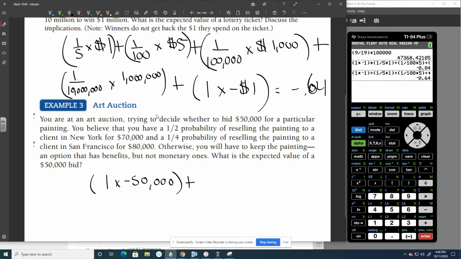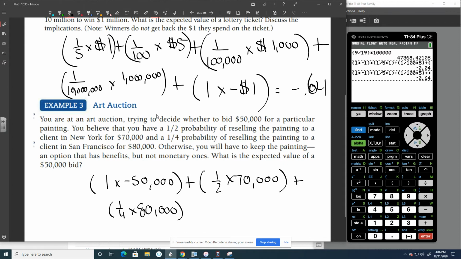But it says that you believe that you have a 1 in 2 probability of reselling the painting. So you have 1 out of 2 chances of selling it for $70,000. And you have a 1 out of 4 chances of selling it for $80,000. Otherwise, you have to keep the painting, an option that has benefits but not monetary ones.